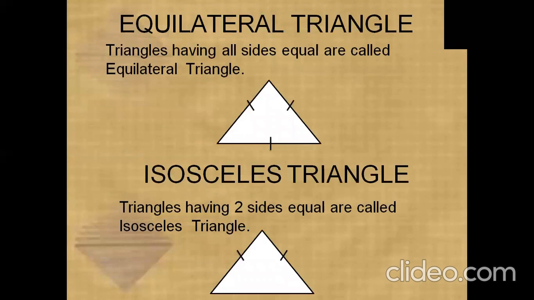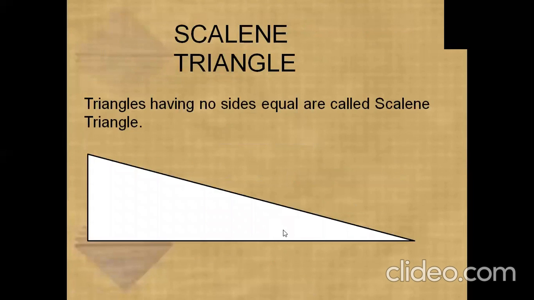As I have already told you, if they have all three sides equal, they are equilateral. If the triangle has two sides equal, then they are isosceles, as shown in the figure. And if the triangle does not have any side equal, then it is said to be a scalene triangle, as you can see in the figure.